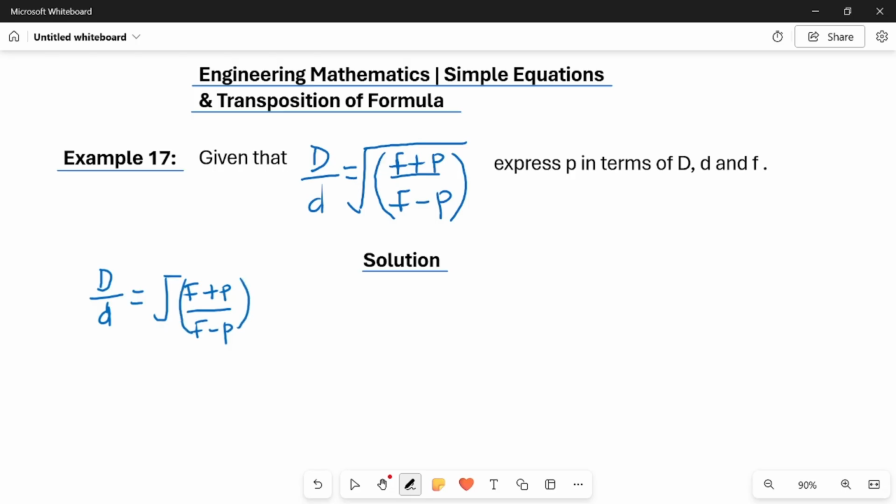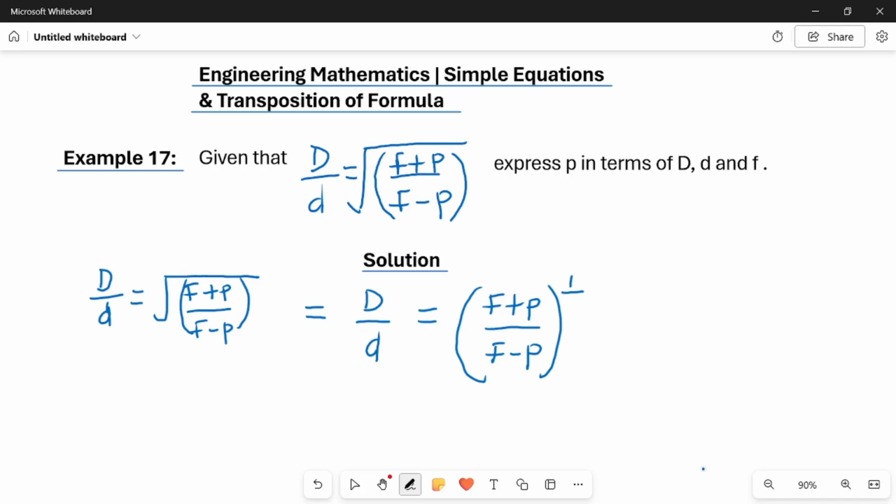Alright, we've done similar examples where we're given the square root. So how do we eliminate the square root sign? This square root sign can simply be rewritten using our knowledge of fractional index. D over d is equal to F plus p over F minus p, all raised to the power 1 over 2.